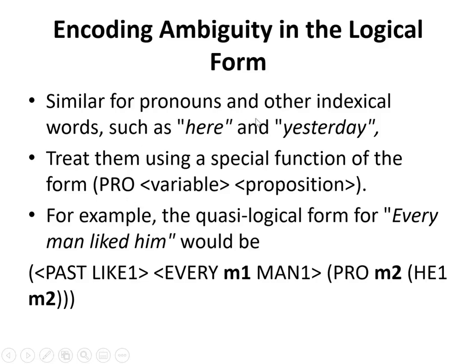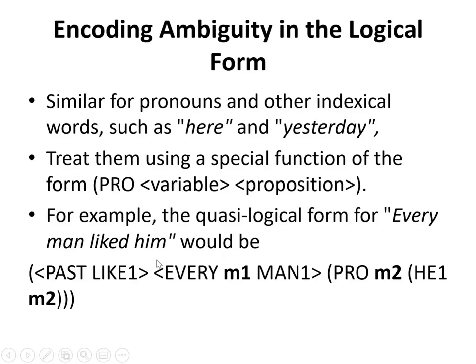Similarly, pronouns and other indexical words such as here and yesterday can be handled. For them we can use a special function called PRO. So for every man liked him, where we want to represent a pronoun, pronouns or any indexical words can be represented with this type of PRO.